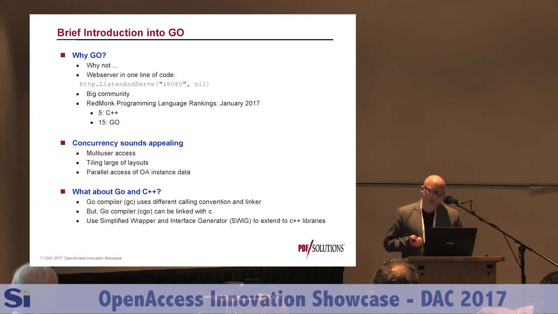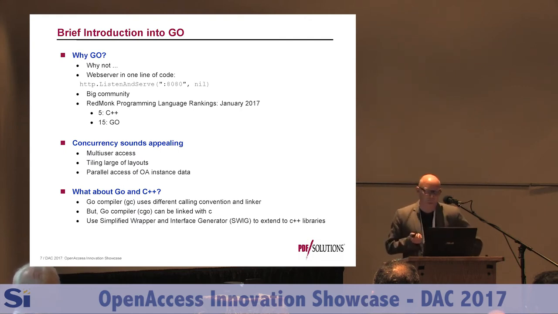The other thing which sounded really appealing to me was concurrency inside Go. Go was built with concurrency in mind, and that's a cool idea. Where could we utilize this? Okay, we have multi-user access, of course. It's a web-based system, so that might be handy. If we have large layouts, maybe we can do something like tiling it, breaking it down, and working concurrently in reading and accessing it.